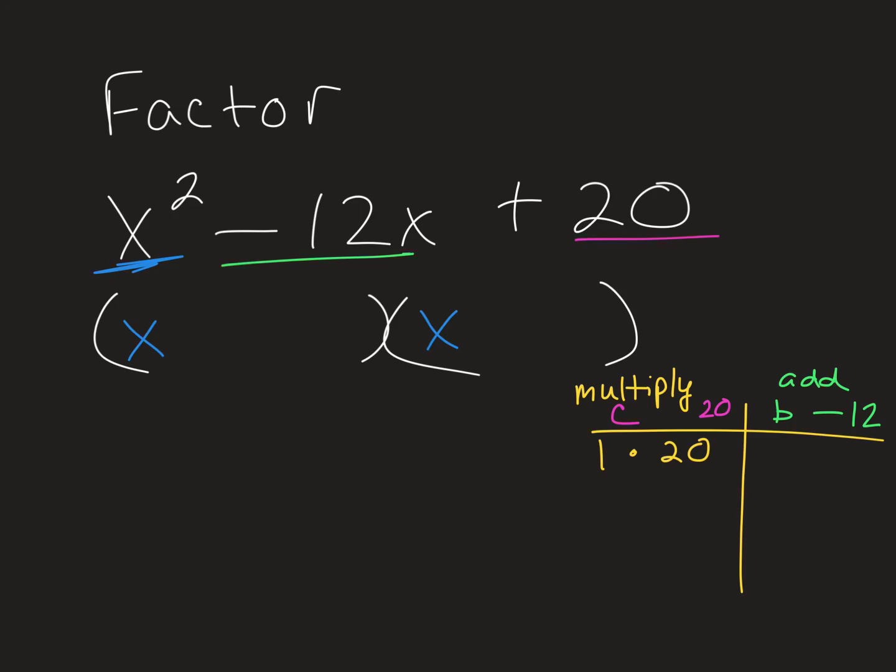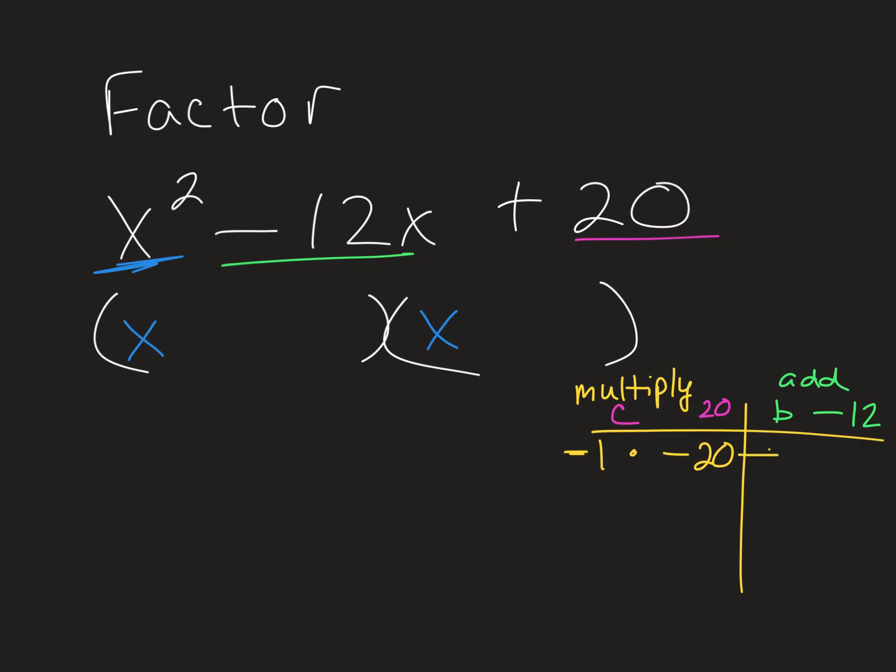It means all the numbers I'm looking for are going to have to be a negative times a negative, because I've got to get them to multiply together to be a plus 20. And they've got to add up to a negative number. The only way I can add them to be a negative but multiply to get a positive is if I'm doing a negative times a negative.